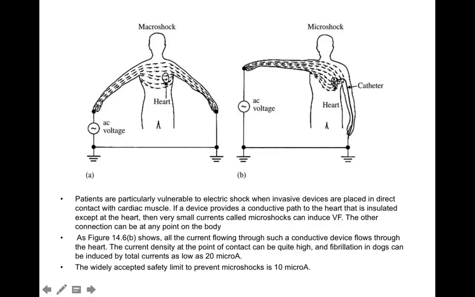There's virtually no resistance between the device and the heart itself, and no path length to stop or absorb some of the energy. So all of the energy is provided right at the heart, which of course would be the most dangerous situation. And you can certainly have catheters and devices in other parts of the body, but this one clearly would create the greatest danger.